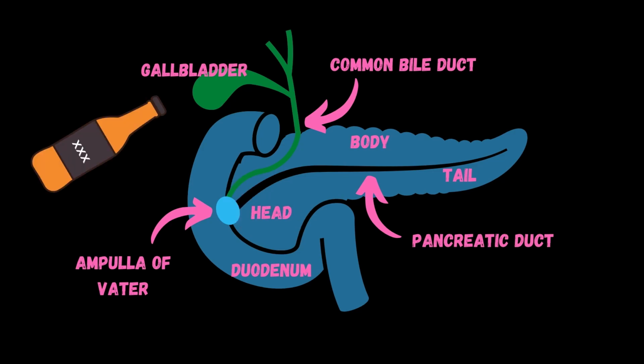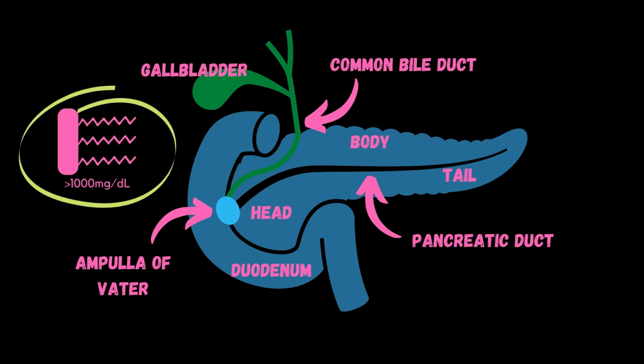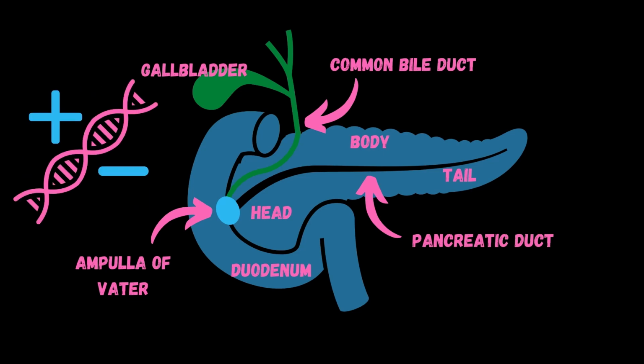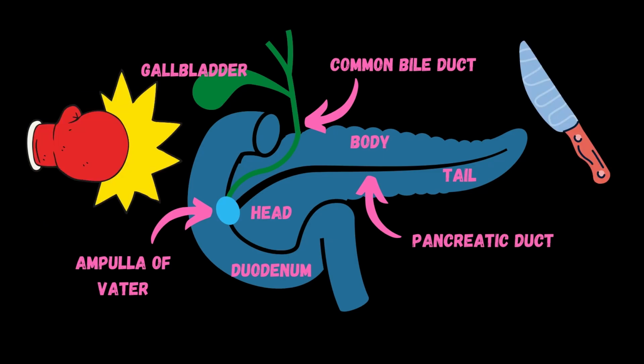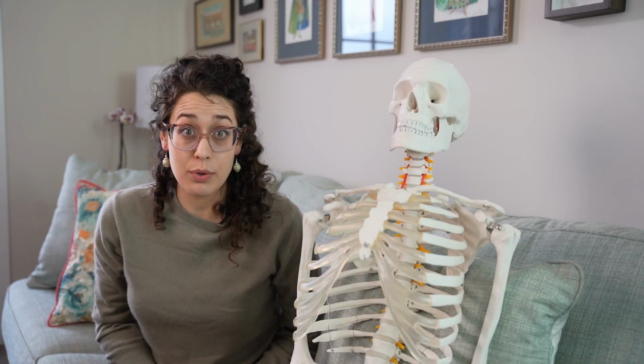Alcohol likely increases the synthesis of digestive and lysosomal enzymes, triglycerides greater than 1,000 milligrams per deciliter, a genetic mutation, whether it is a gain in function or merely lowers the threshold for pancreatitis from other causes, medications that can injure the pancreas, and blunt or penetrating trauma can damage the pancreas, just to name a few.